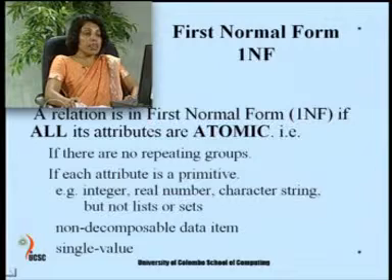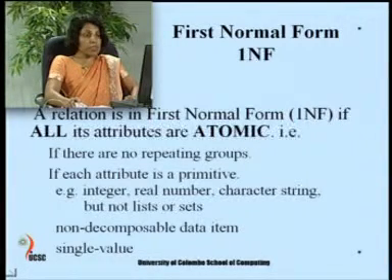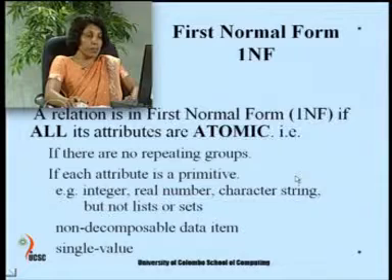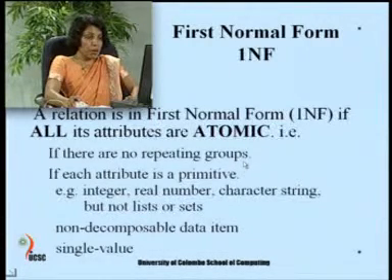So, a relation would be considered as in its first normal form if all its attributes are atomic, that is, there are no repeating groups. There shouldn't be any repeating groups, and each attribute is a primitive one.